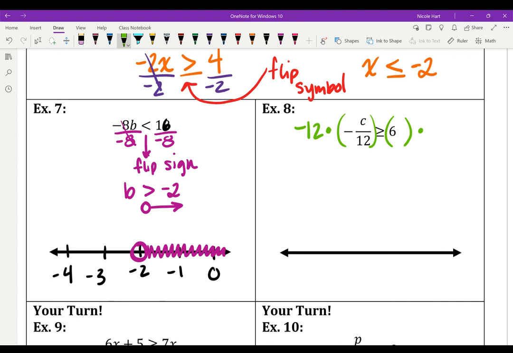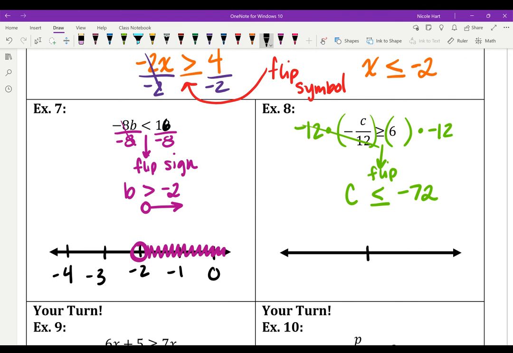This is going to allow me to get rid of the 12 in the bottom as well as get rid of the negative. So the negative 12s on the left-hand side cancel out, and I'm just left with c. Remember to flip your sign. And so we get less than or equal to, and 6 times negative 12 is negative 72. A weird number to use.